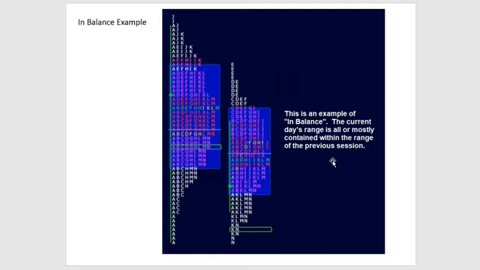At that point in time, the potential destination trade becomes the lower end of the balance. Does that mean it has to go and make that destination? No, it's just something that gives us a guideline to look at and see how well the market is trading as it heads back down in that direction.